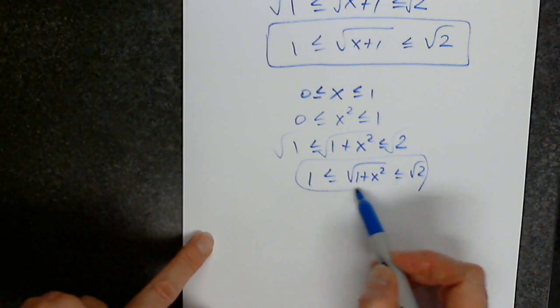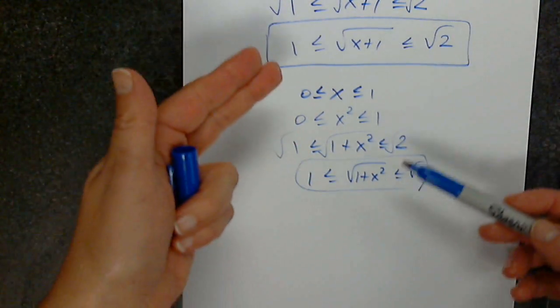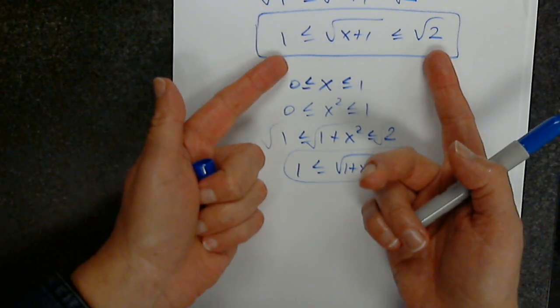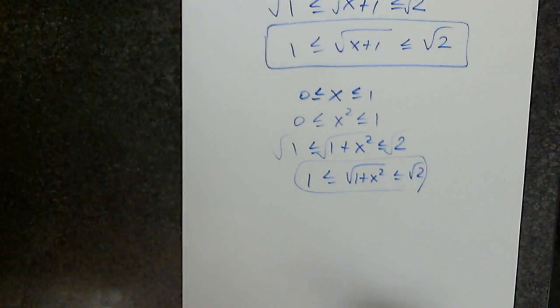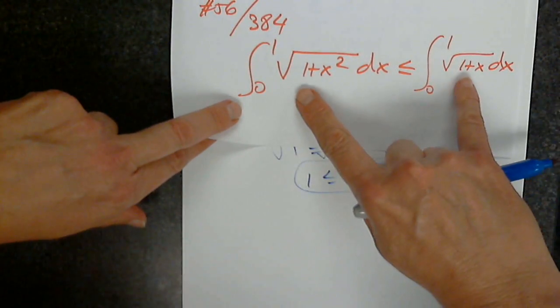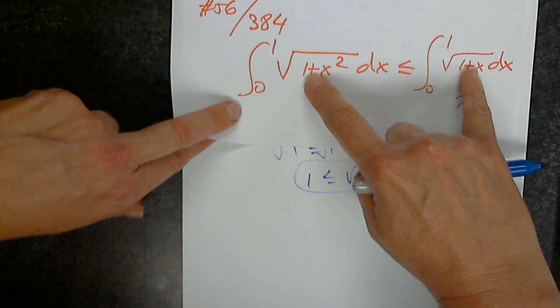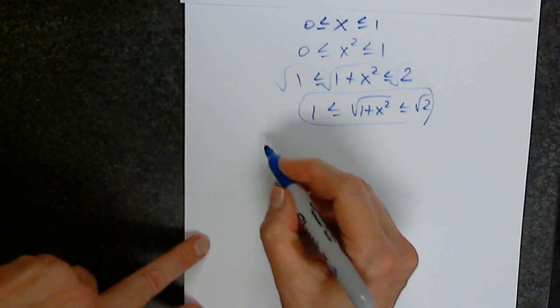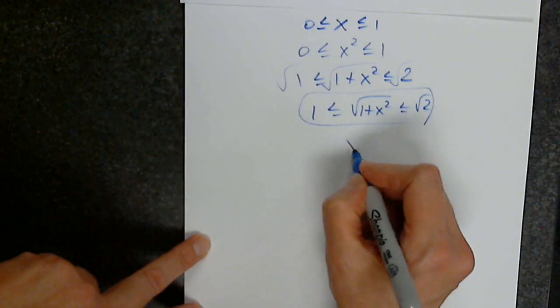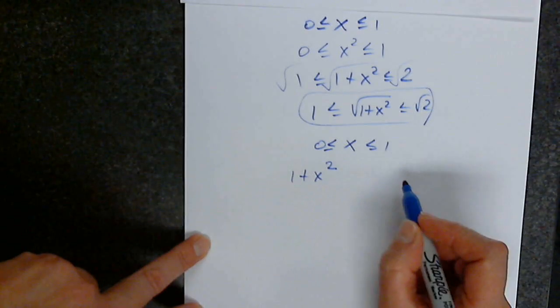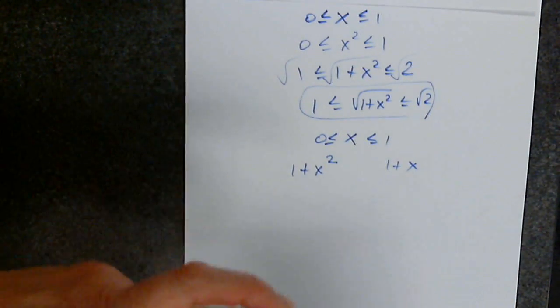So I established the fact that they are somewhere in the same ballpark, right, between 1 and the square root of 2. But now what I would like to do is compare, because that's really what I need. I would like to compare these two. So which of these two, for a number, this is crucial, for a number between 0 and 1, is 1 plus x squared or 1 plus x bigger?